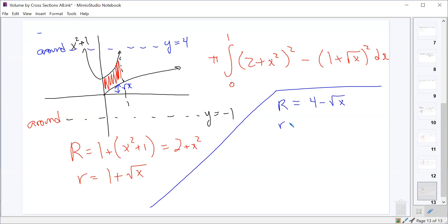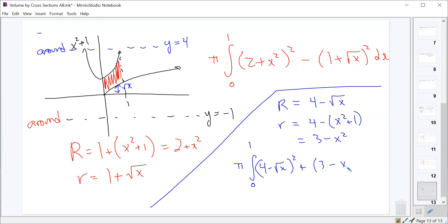And what should our inner radius be? 4 minus x squared plus 1. 4 minus the quantity x squared plus 1, which would be, what is that? 3 minus x squared. And so this one should be pi times an integral from 0 to 1 of 4 minus root x squared plus 3 minus x squared squared.